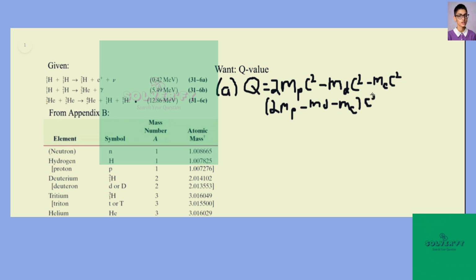And now we want to look at our numbers from Appendix B to fill in the values. So I will convert to text for readability. And we want to be careful here because the text of the textbook tells us that we're dealing with nuclei here. So we don't want to take the H quantity because that includes an electron. So here we really want the mass of the proton. X means times.